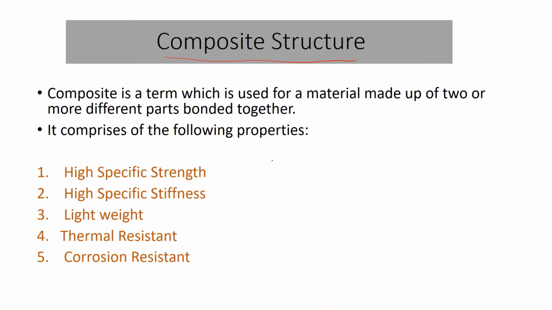Any material or structure made up of two or more materials is a composite structure, and it has properties such as high specific strength, high specific stiffness, lightweight, thermal resistance, and corrosion resistance. These are the main properties due to which we use composite structures other than normal materials.